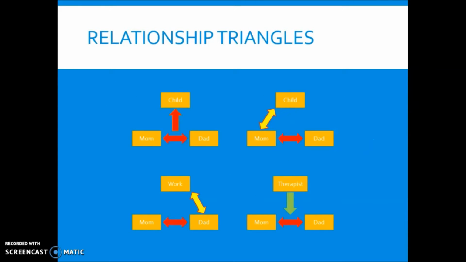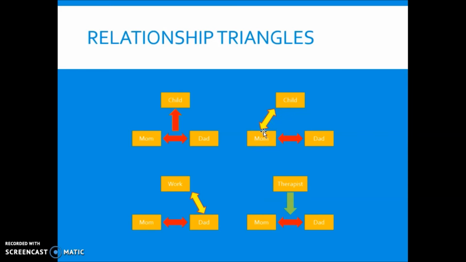Now, relationship triangles can take lots of different shapes. Here are just a few. So I mentioned already the tension between mom and dad getting displaced onto a child. That's one common triangle. Another one would be if there's tension between mom and dad, one of the parents seeks an ally with the child.